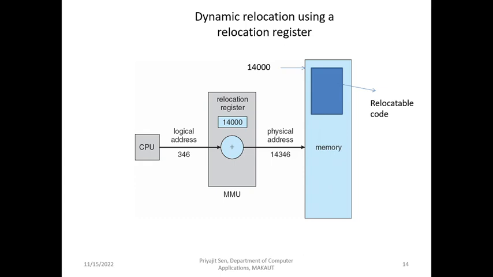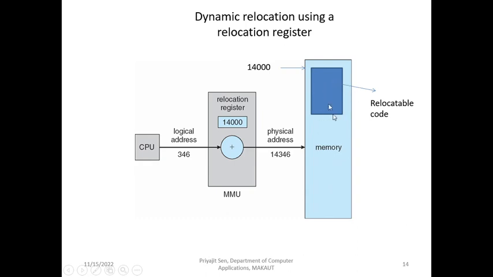For that, you need the relocation register, which will contain some value. The value of the relocation register will be added to the logical address to get the actual physical address.